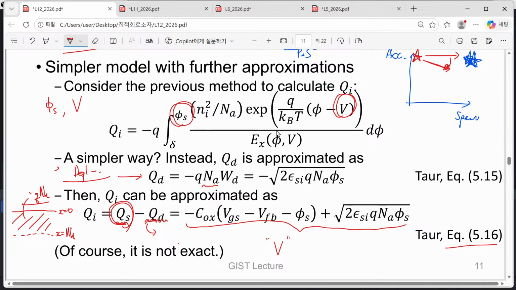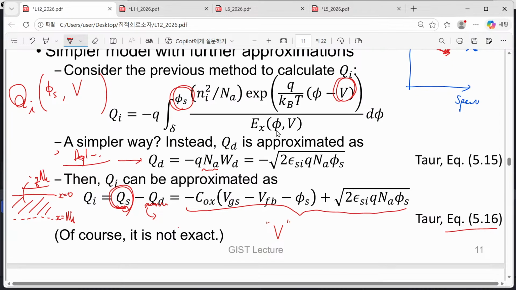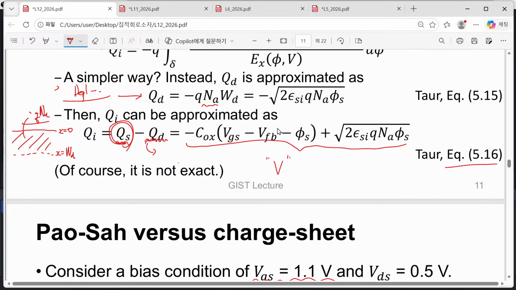So in its original form, we have to consider q sub I as a function of surface potential and quasi-Fermi potential. But in this simplified charge-sheet model, q sub I is no longer a function of electron quasi-Fermi potential.